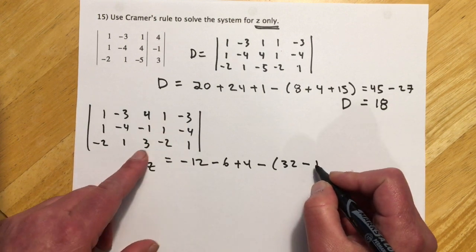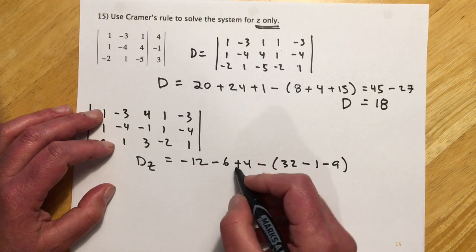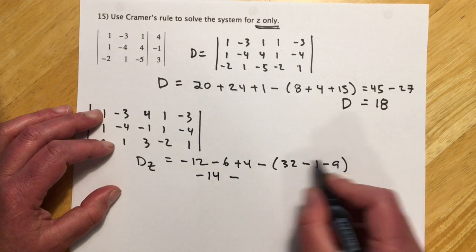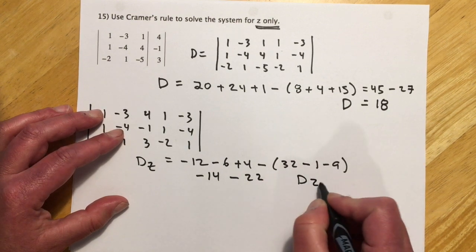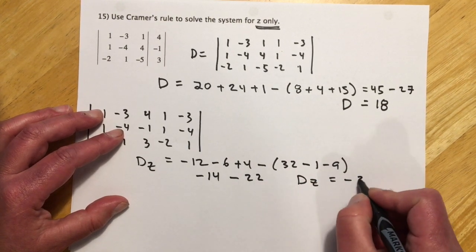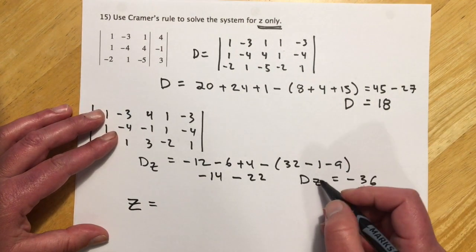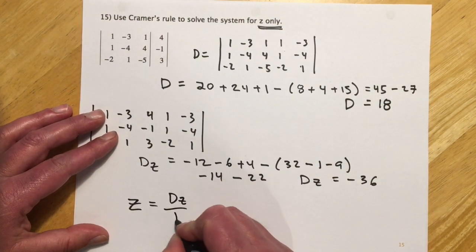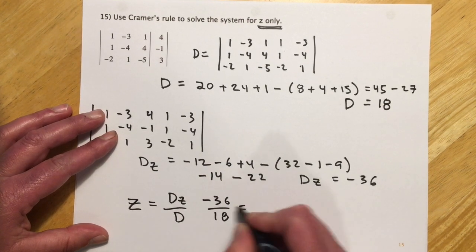And then minus 1 and minus 9. So negative 18 plus 4 would be negative 14. And then 32 minus 10 would be 22. That equals Dz, and it is negative 36. So then to find z, I just do Dz divided by D. So that's negative 36 over 18, or z equals negative 2.